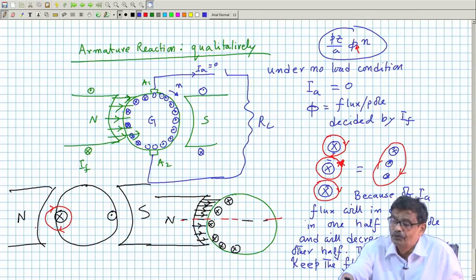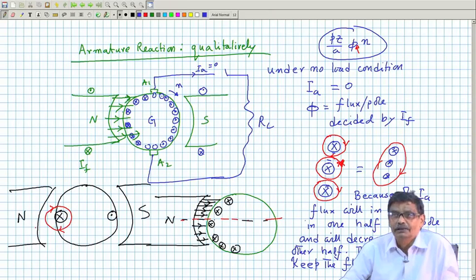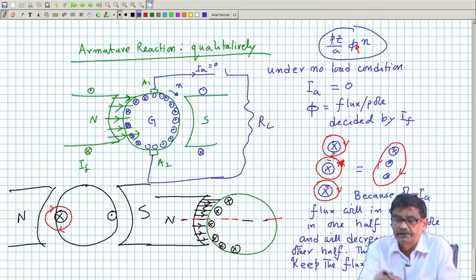Therefore, the induced voltage itself will become lower compared to no load condition. Then after that, armature resistance drop, brush drops, these are there always. That is why people say when you load a generator, the voltage drop takes place because of armature resistance drop, because of brush drop and because of armature reaction effect. We will continue with this discussion further. Thank you.